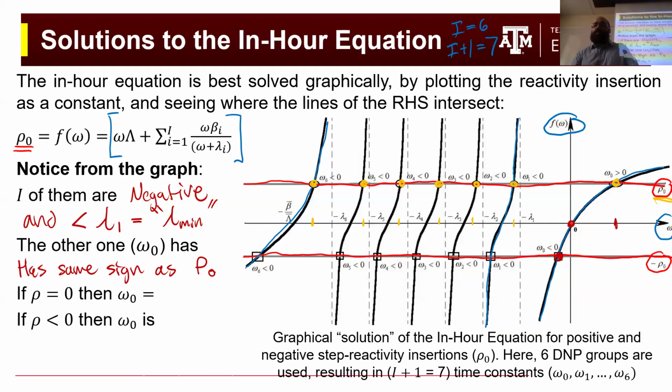And notice that when rho was 0, if we're along the x-axis where rho is 0, then omega naught, the time constant with the subscript 0, is 0. And if the reactivity insertion was negative, corresponding to this curve down here, then omega naught is always going to be negative, but it's closer to 0 than all of the other omega k's.